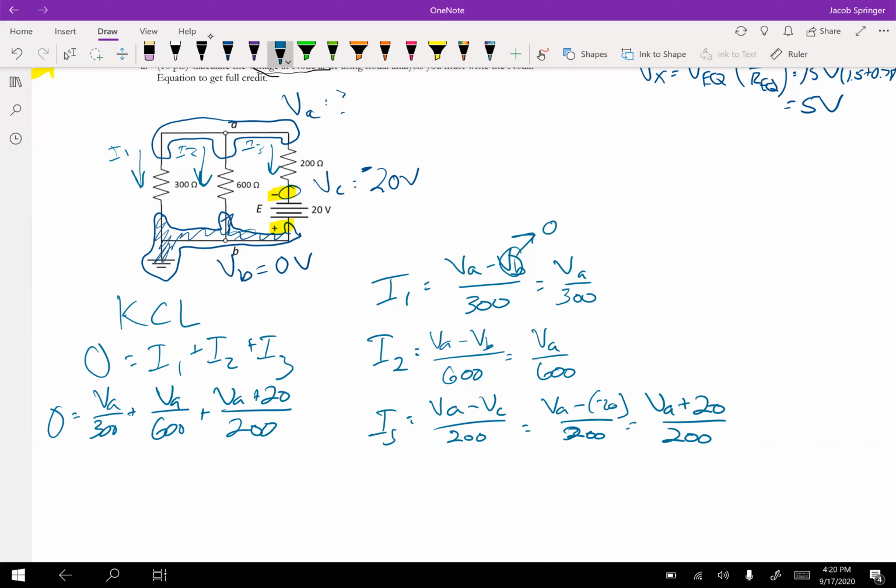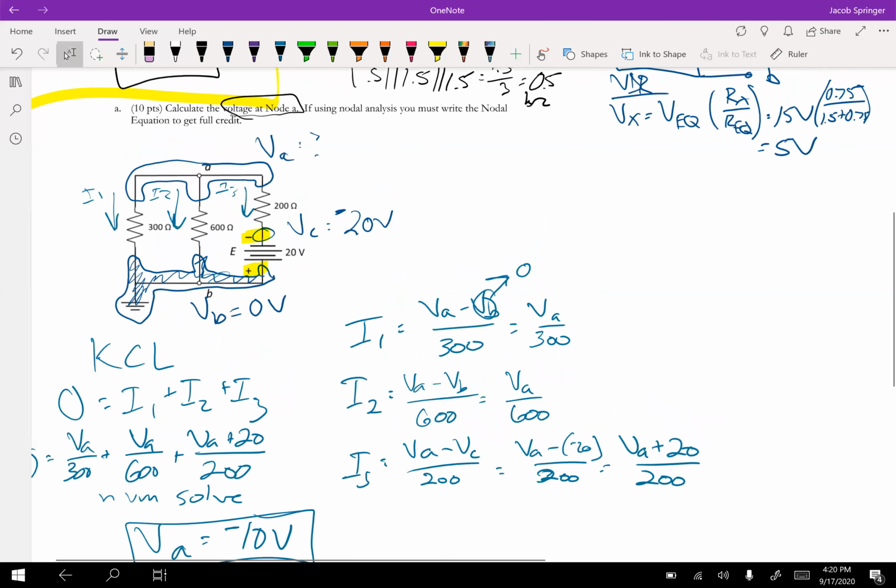And from here, you can do algebra, multiply everything by 600 if you want. You could also use numsolve in the calculator where we use X as the unknown for VA, and then it spits out VA equals negative 10 volts. That is a way to solve for VA.